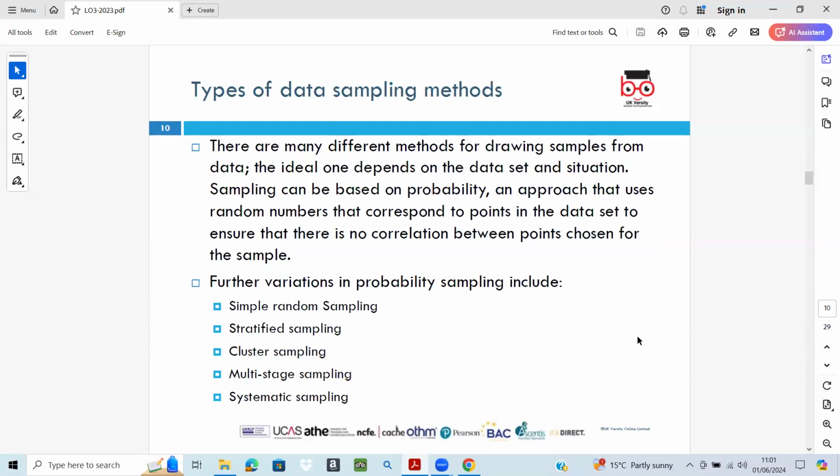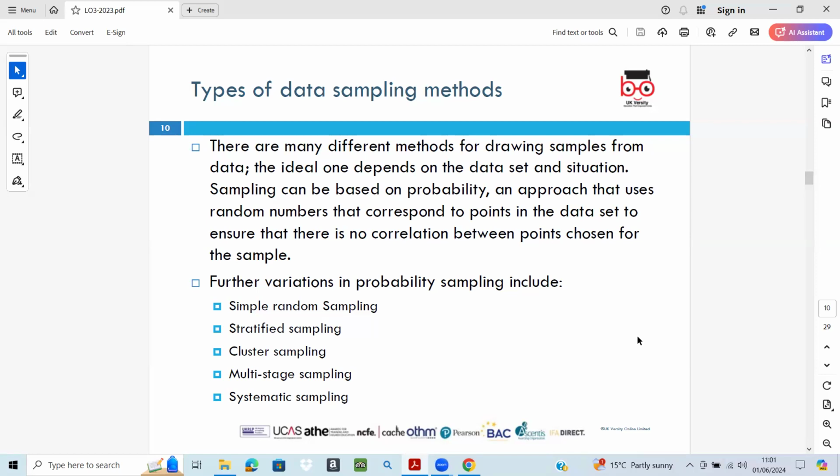Then we have here types of data sampling methods. We have probability sampling. Data sampling methods are crucial in statistical analysis to ensure that the subset of data chosen for analysis truly represents the larger population.